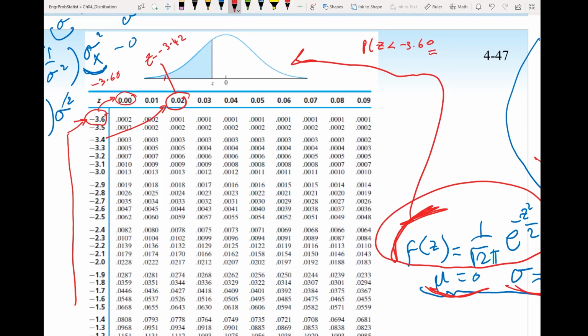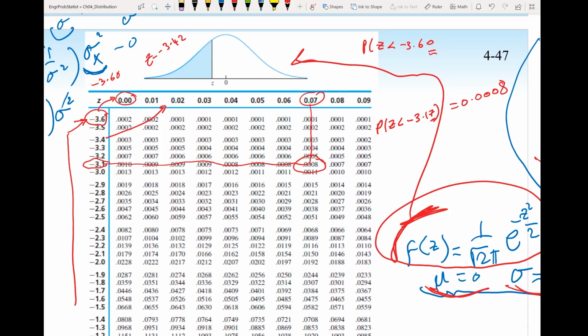So if I want to find the probability that z is less than minus 3.17, I look, where is minus 3.1? That is minus 3.1. Then the 7 here will be this one. So I go in the table here, and that's the answer, 0.0008.